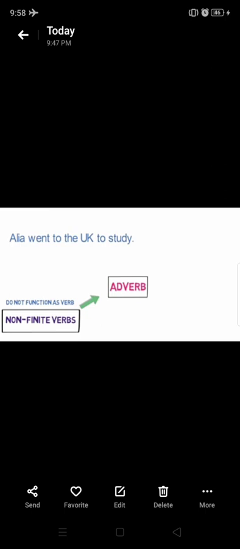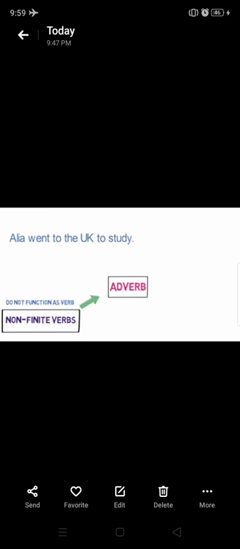Okay, so here in this example, Alia went to the UK to study. Here, went is the main verb, and to study is also another verb in this sentence. But if we read the sentence carefully, to study is not acting like an action, it is not acting like a verb, but instead it is acting like an adverb.